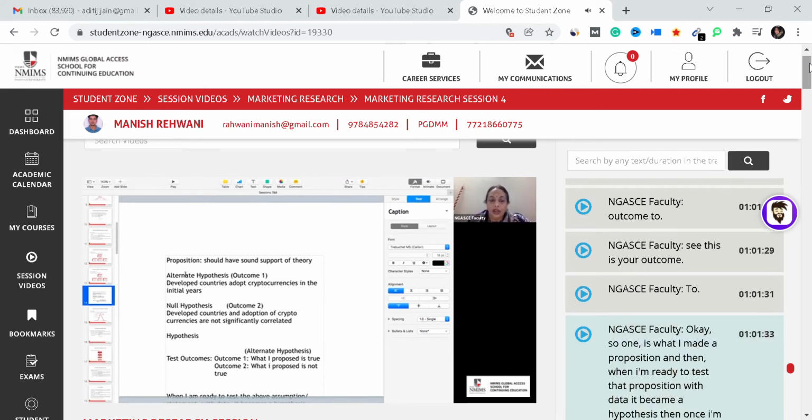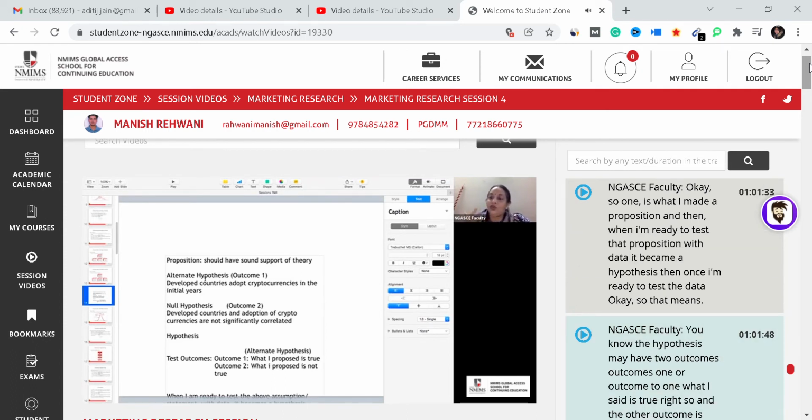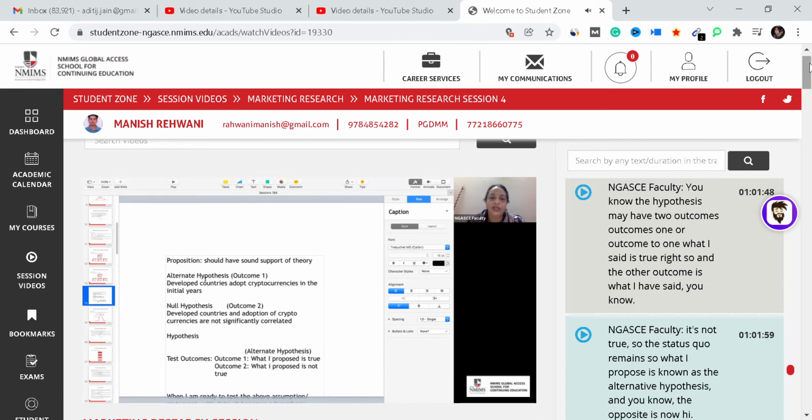So one is what I made a proposition, and then when I'm ready to test that proposition with data, it became a hypothesis. The hypothesis may have two outcomes: one, what I said is true, and the other, what I have said is not true, so the status quo remains. So what I propose is known as the alternate hypothesis, and the opposite is the null hypothesis.